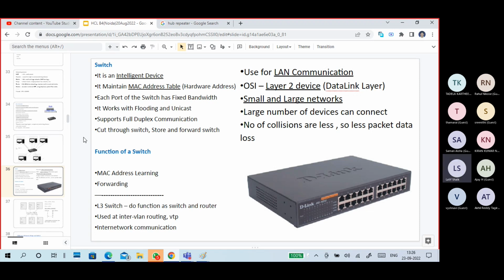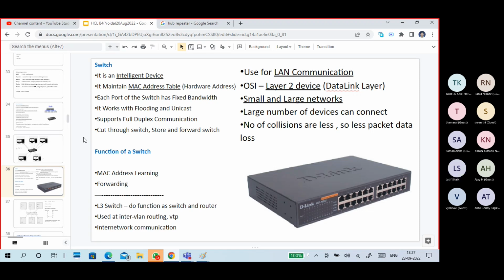And a small note I have written here, that is layer 3 switches. Some people will ask, do you know about layer 3 switches? Switch is a layer 2 device, only layer 2, not layer 3. But there are layer 3 switches. The layer 3 switches act as both a switch and a router.